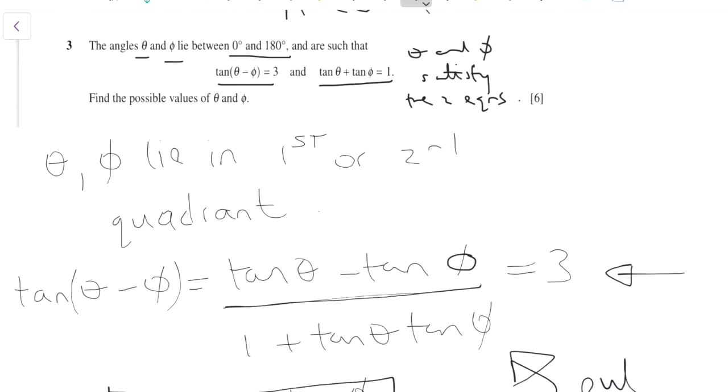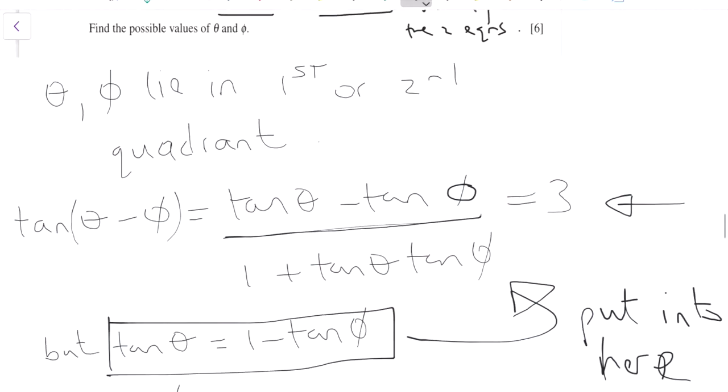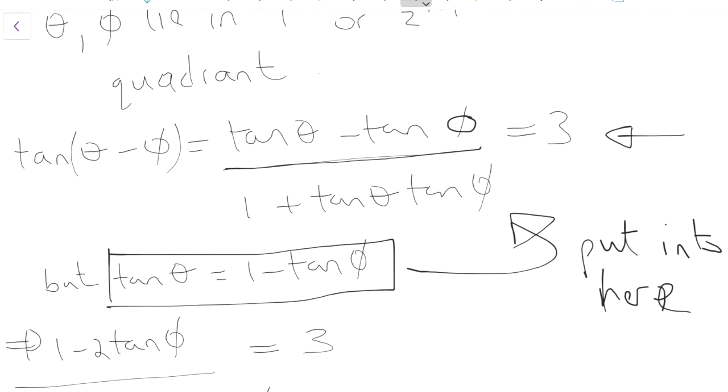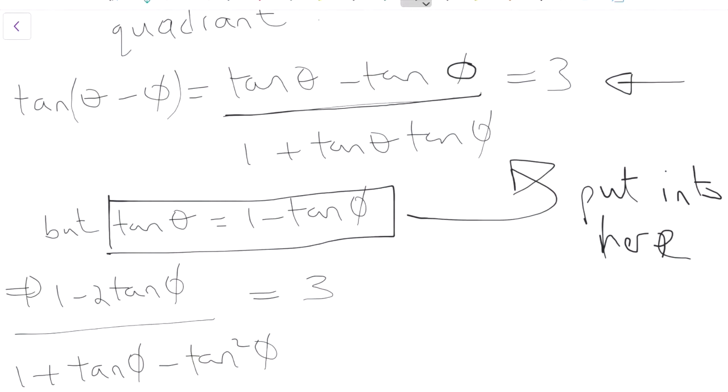So put into here. There you go. So now, replacing tan theta with 1 minus tan phi, you get this equation. So 1 minus 2 tan phi divided by 1 plus tan phi minus tan squared phi.